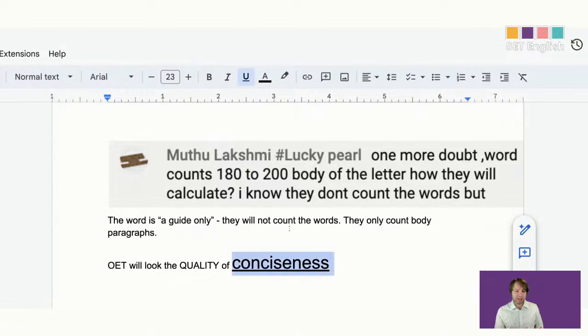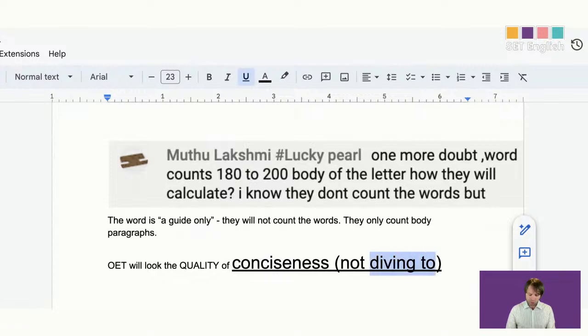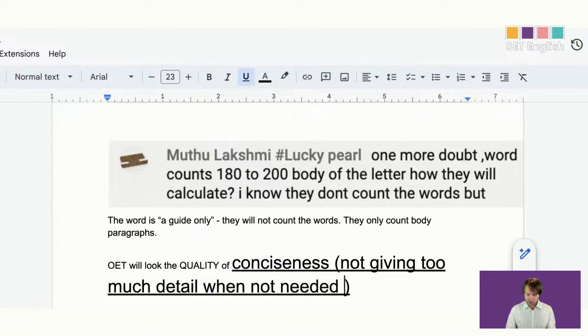I'll try to explain. Concise means not giving too much detail when it's not needed. Does that make sense? Summarizing at the right time.